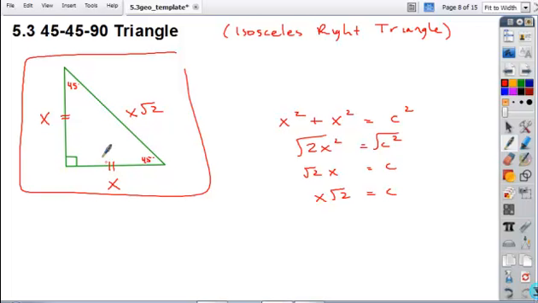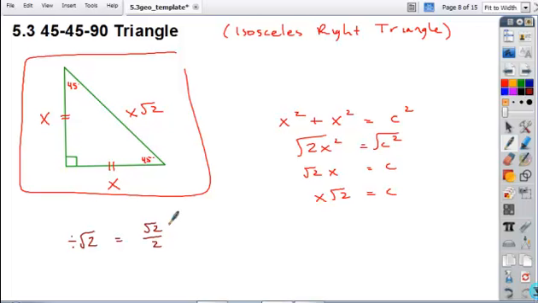If you know what the lengths of the legs are, the hypotenuse is just that length times root 2. If you know what the length of the hypotenuse is, the length of each leg is just the hypotenuse divided by root 2. Okay? And there's one other thing to keep in mind on this, and I'll talk about it in the next slide as well. If you divide by root 2, dividing by root 2 is equivalent to dividing by 2 and multiplying by root 2.